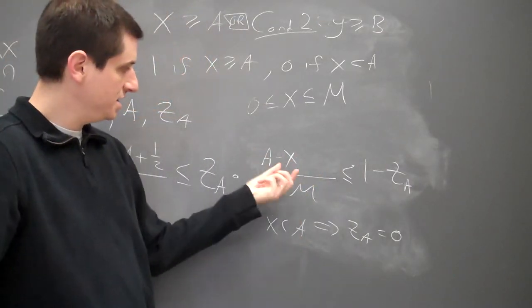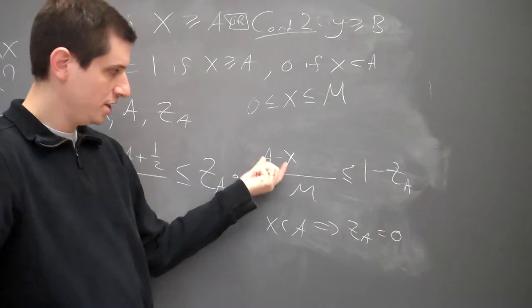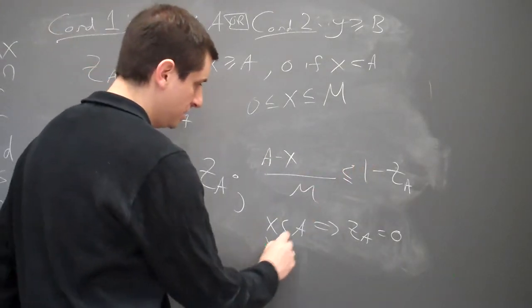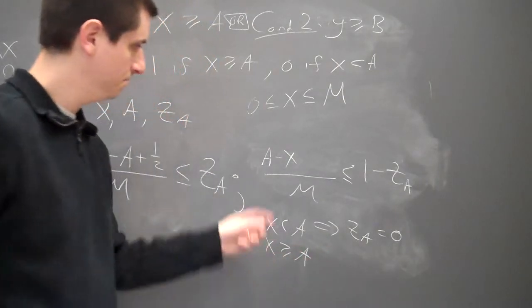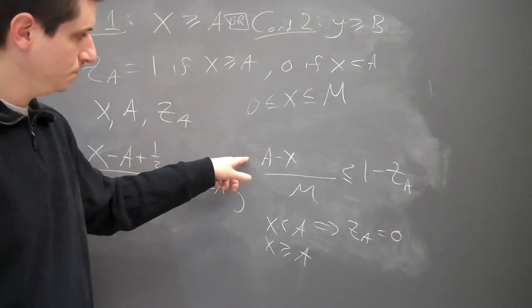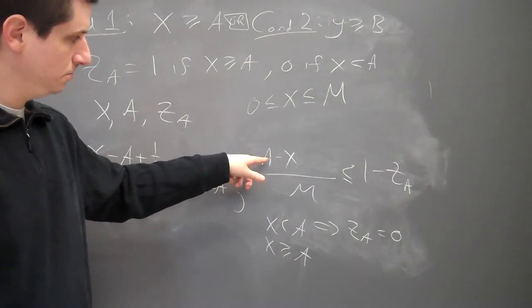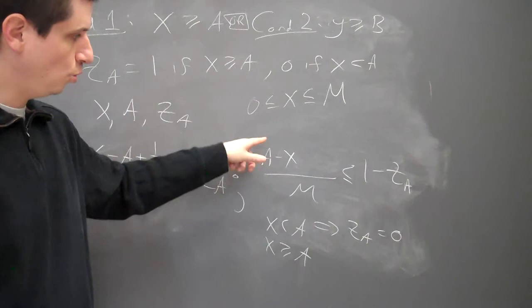If x is less than a, this is positive, so z of a has to be 0. If x is greater than or equal to a, this is going to be 0 or a positive number.